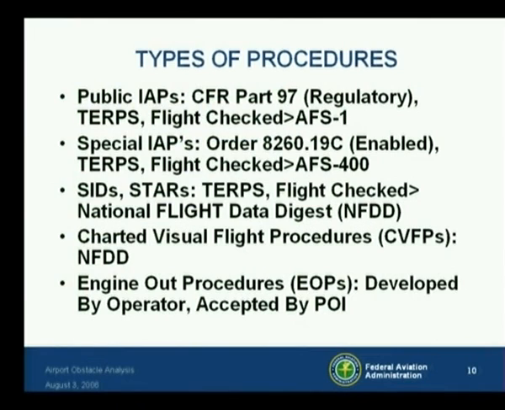There's a little thing called P56 there, and this Washington Monument that has something to say to TERPS. ATC will not issue clearances for charted visual flight procedures when the weather is less than the published minimum for that procedure.